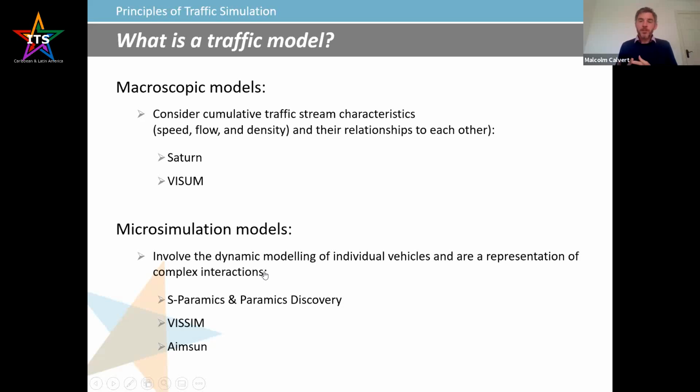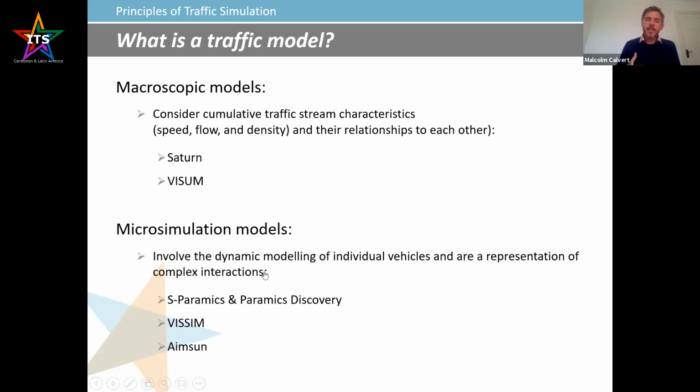Now, microsimulation models, which is what I'm involved with and what my team developed with Paramics, involve the dynamic modeling of individual vehicles and a representation of the complex interactions between them. This type of modeling really became available in the late 90s, when processing power on computers and technology was able to represent these individual vehicles in a computer simulation.